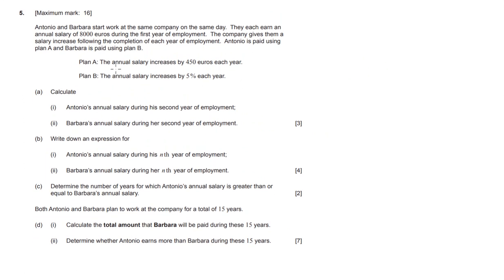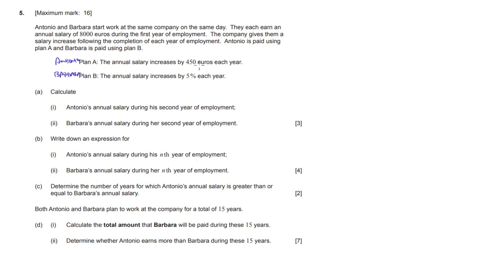Okay, number 5. Antonio and Barbara start work at the same company on the same day. They each earn an annual salary of 8,000 euros during the first year of employment. The company gives them a salary increase following the completion of each year of employment. Antonio is paid using Plan A, and Barbara is paid using Plan B. Okay, so this is Antonio, and this is Barbara.